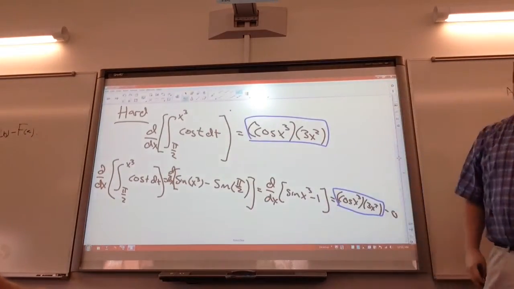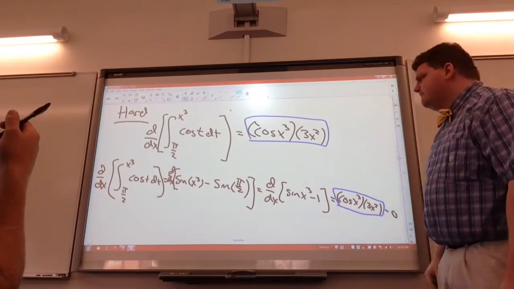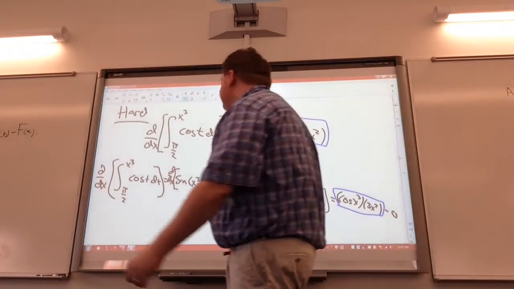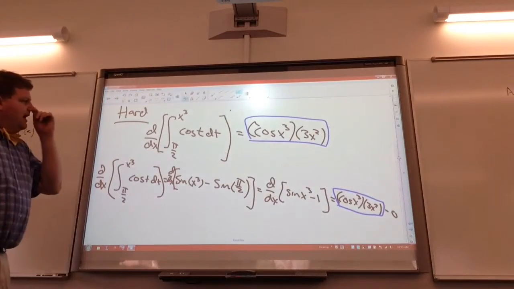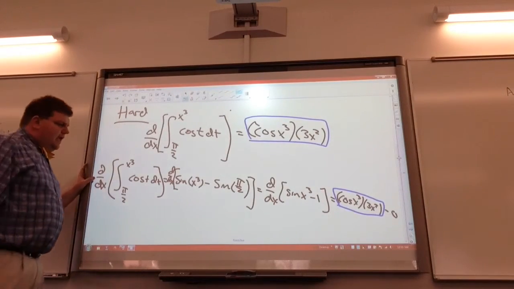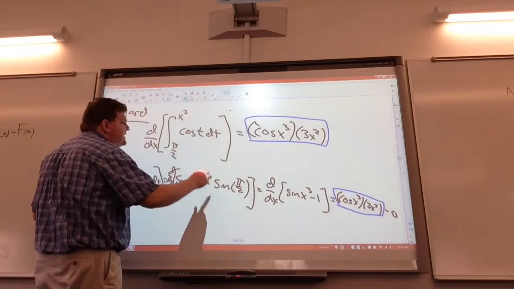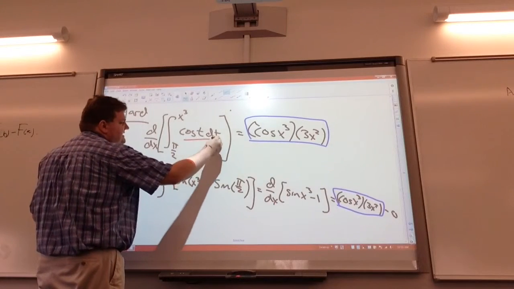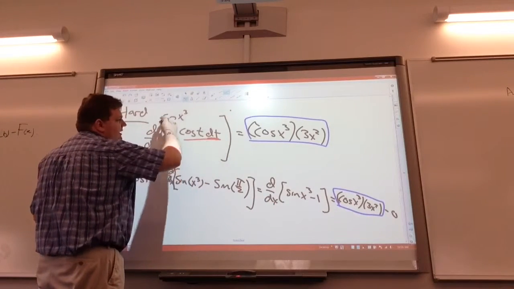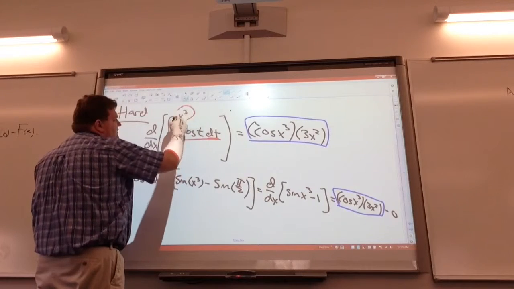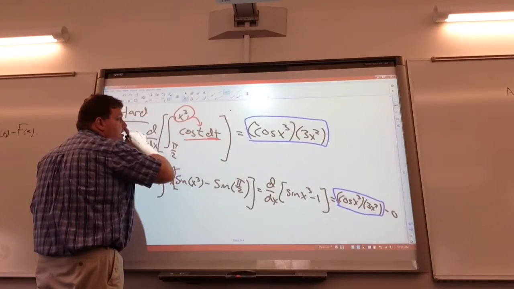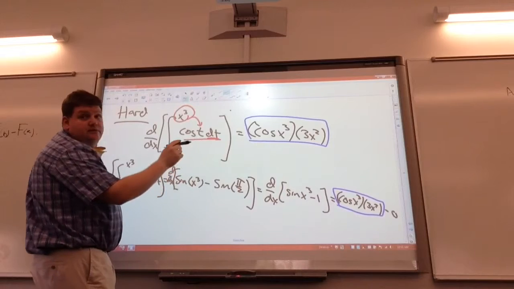So on this part one, I get how we plugged in the x cubed, but where did the 3x squared come from? It's because this thing is actually cosine of t dt. So when I'm doing that substitution, I'm putting x cubed in for the t, but then what does the d stand for in dt?